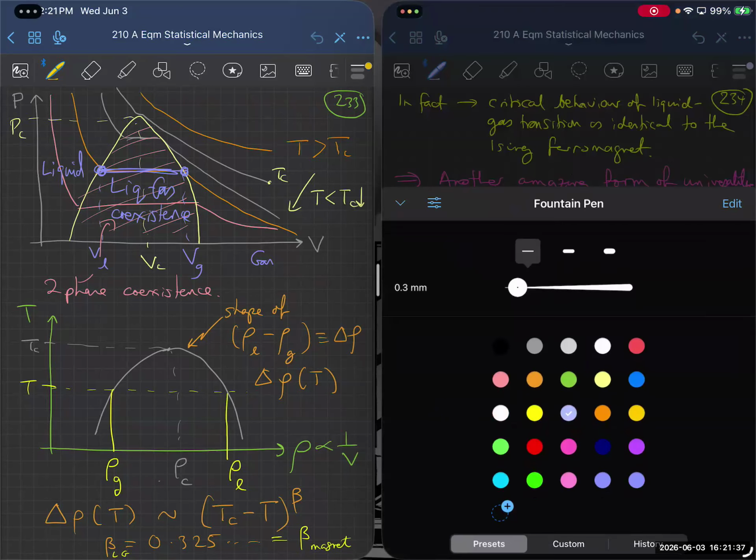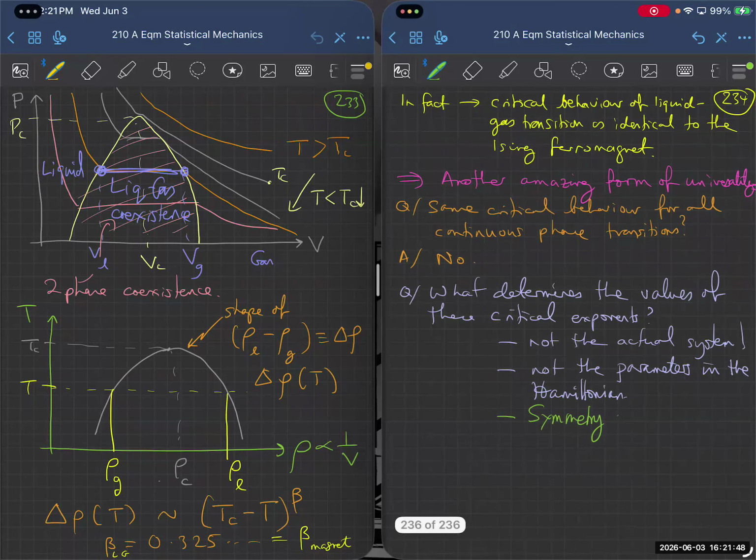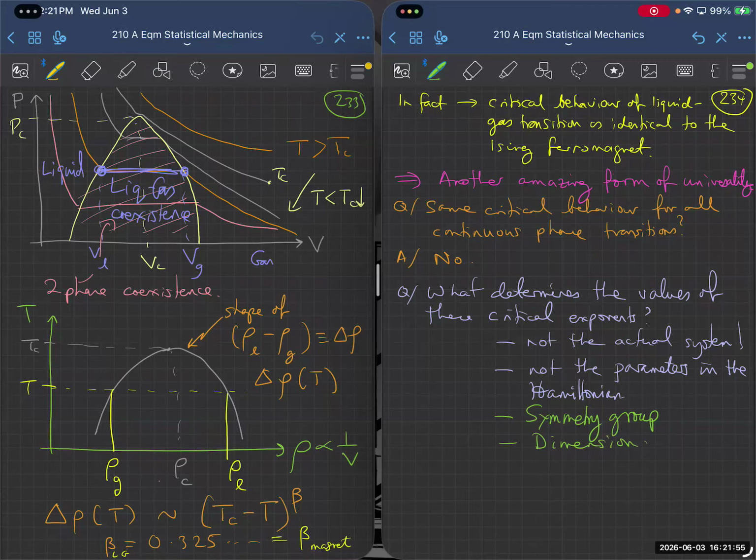And so what it turns out is that the answer is that it is actually two things: symmetry and spatial dimension. Those are the two things that matter.